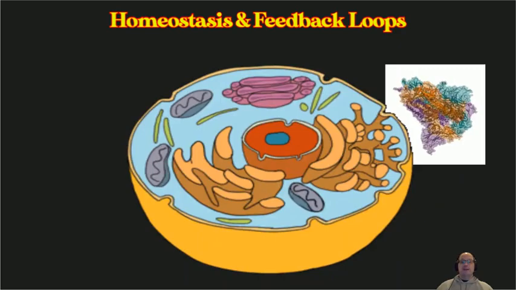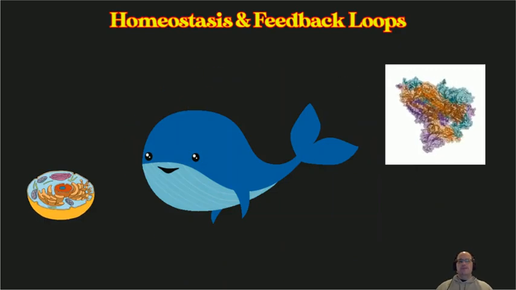So for things like single cells, all the way up to blue whales, it's going to be the same concept. We want to keep the inside of an organism, those cells, its tissues, organs, and the whole organism, we want to maintain an internal set of conditions.